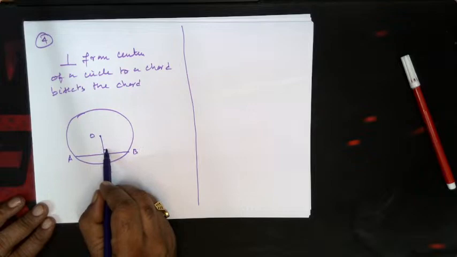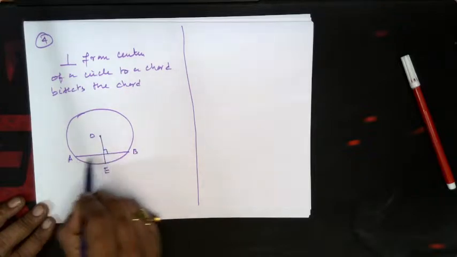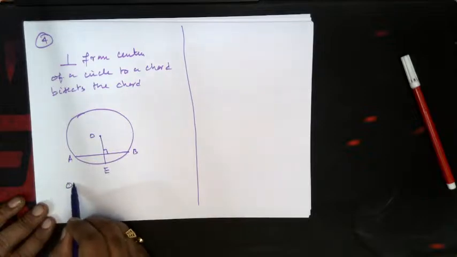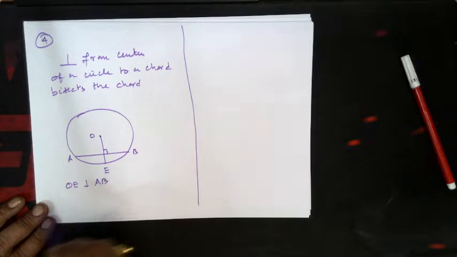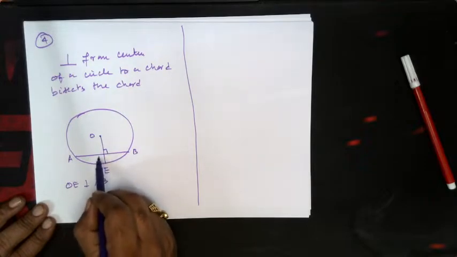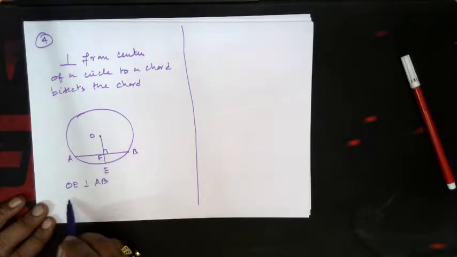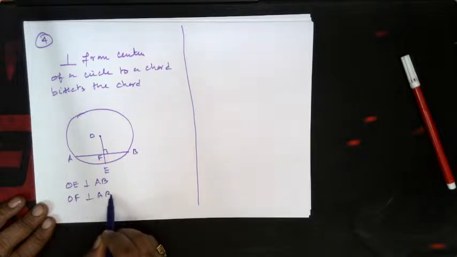So OE is perpendicular to the chord AB. If it is the case, it means it meets at F. So you can also mention OF is perpendicular to AB.